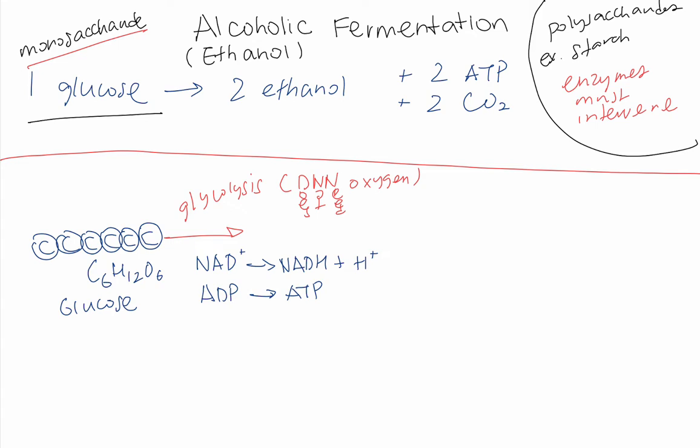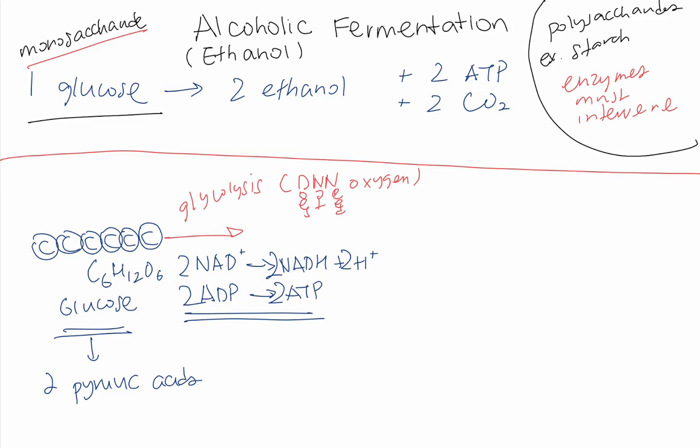Because remember, glucose is broken down into 2 pyruvic acids. So we actually should have something like this. And here, of course, remember, we invest 2 ATP, produce 4 ATP, so we get a net gain of 2 ATP for the entire glycolysis, involving 2 pyruvic acids.